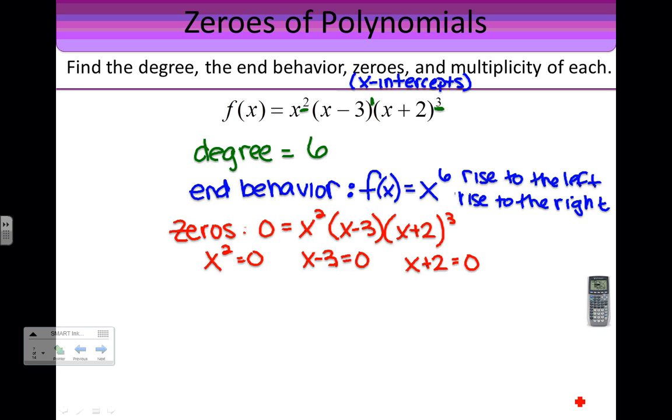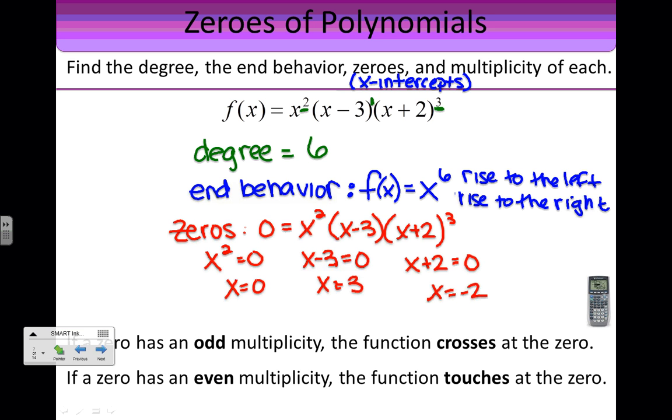Okay. So x squared is equal to 0. So my x-intercept, x is equal to 0, is one x-intercept. x is equal to 3 is my other x-intercept, or 0. And x is equal to negative 2. Okay. So that is where we know it's going to cross the x-axis when y is equal to 0.